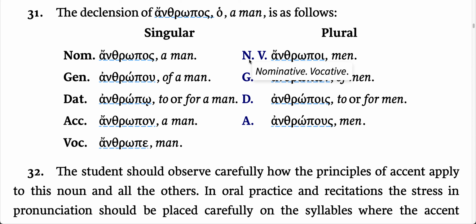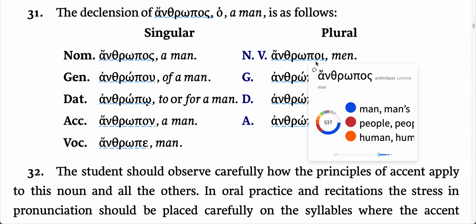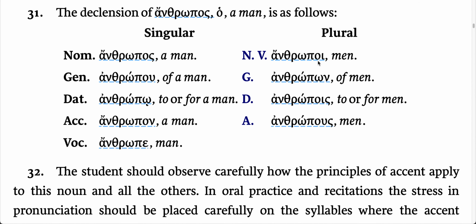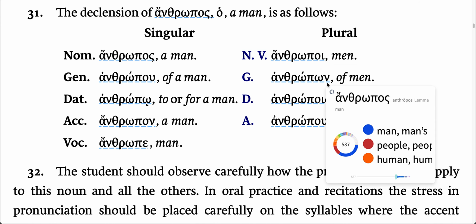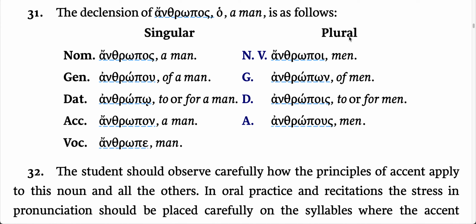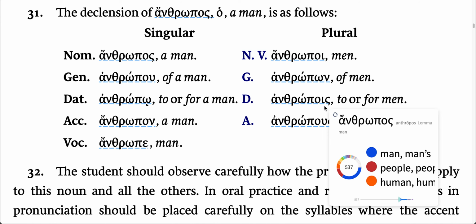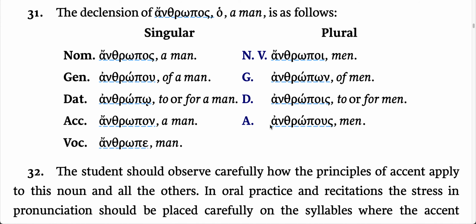Then the nominative and the vocative look the same in the plural, and it's omicron iota. For the genitive plural, it's omega nu. For dative plural, it's omega iota sigma. For the accusative plural, it's omicron upsilon final sigma.